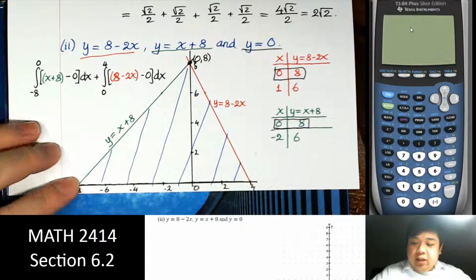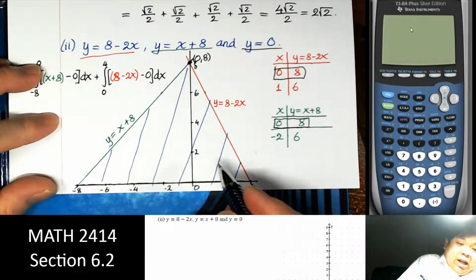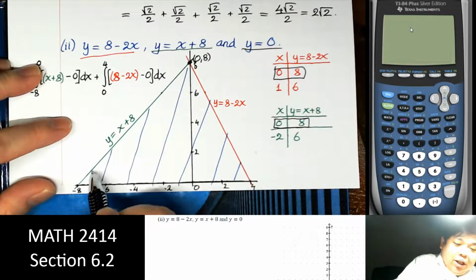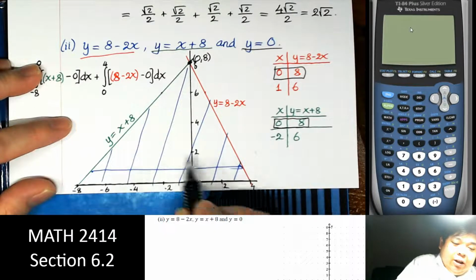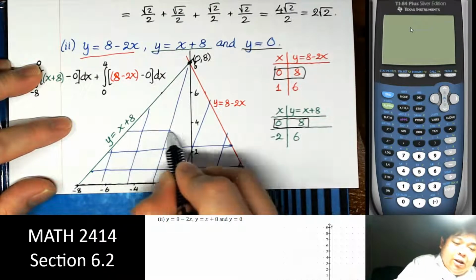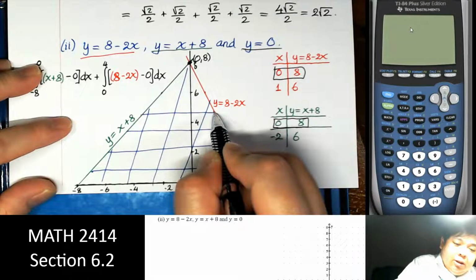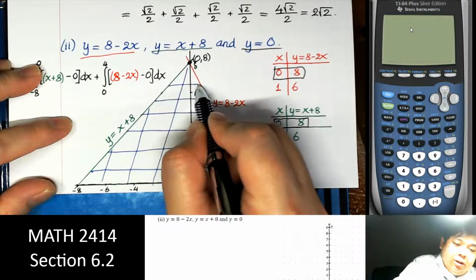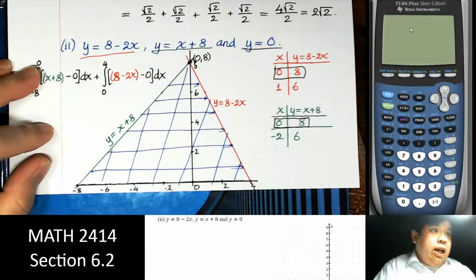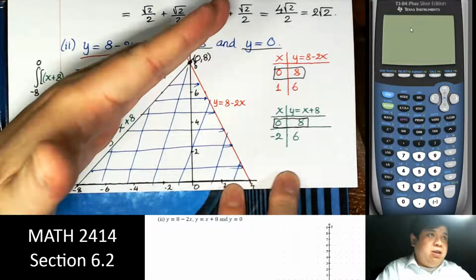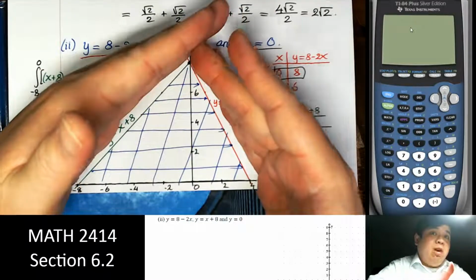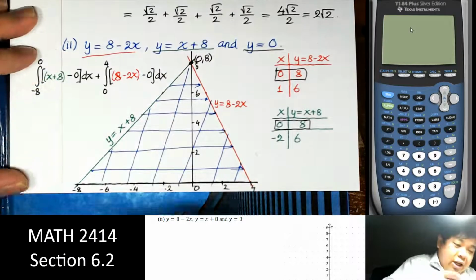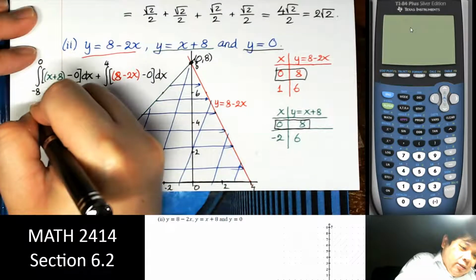Now, however, if we set up the integral using dy, it is bounded on the left by this function and on the right by that function. So if we use dy, it will be just one integral.